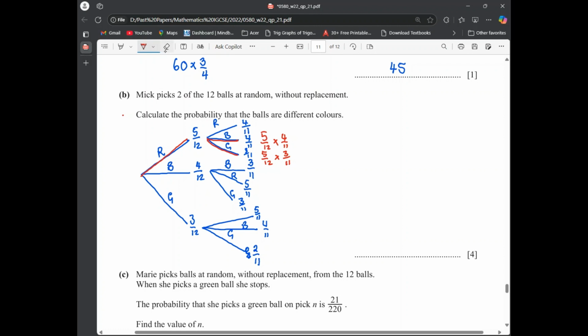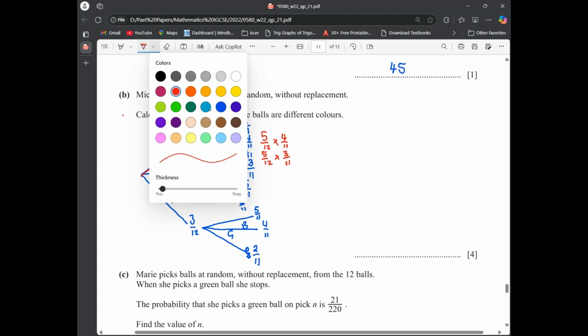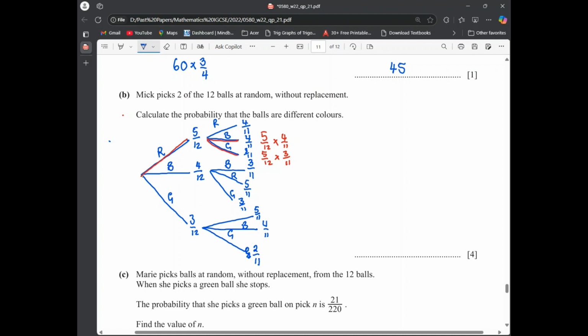Or he can pick a blue ball first. So if he picks blue, then we need the calculation of red and green. So blue ball first was 4 out of 12 multiplied by red, which is now 5 out of 11. Or alternatively, it's 4 out of 12. If he picks a green ball, that's going to be 3 out of 11.